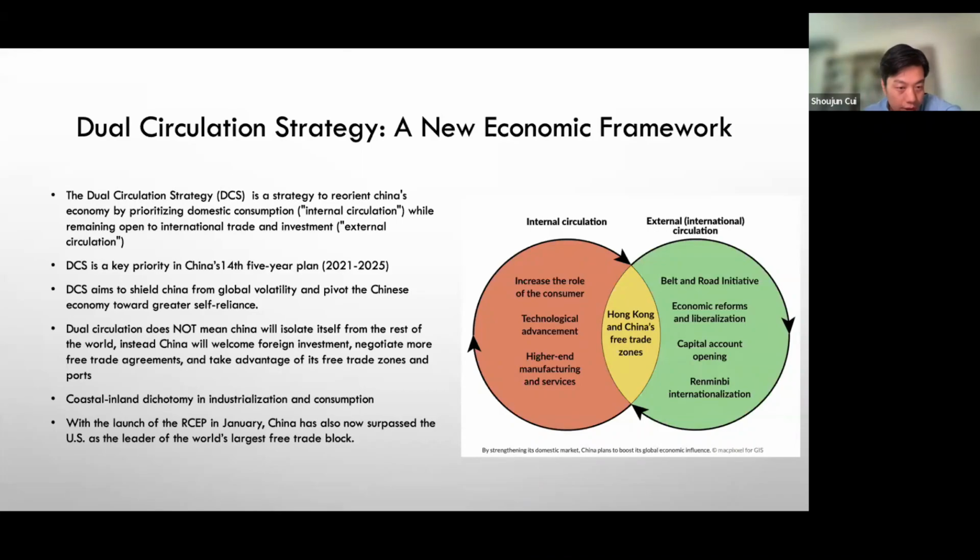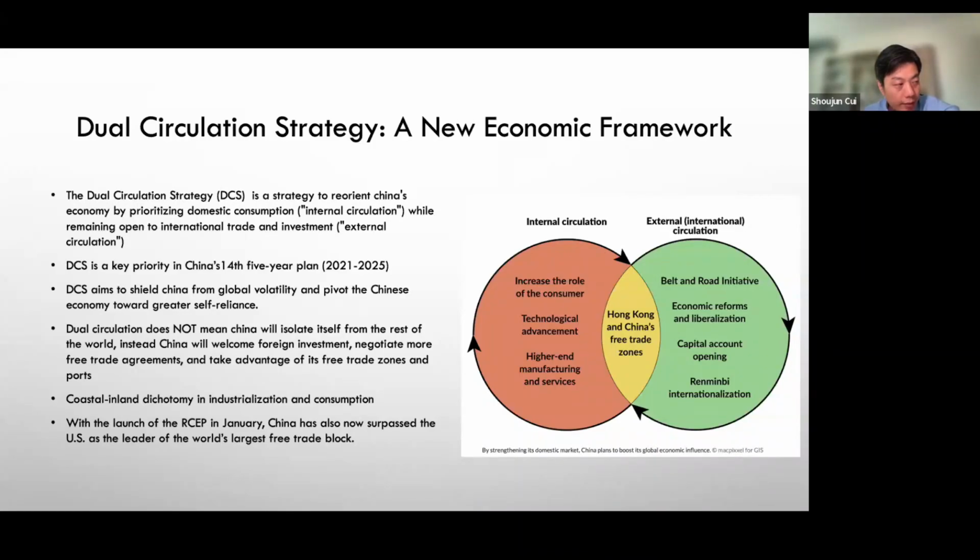In the meanwhile, there's a coastal-inland dichotomy in China. That means China can roughly be divided into the coastal area and the inland area. For the inland area, their economic growth is slower than the coastal area.